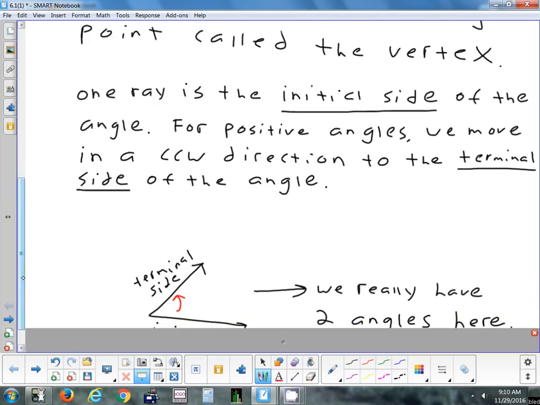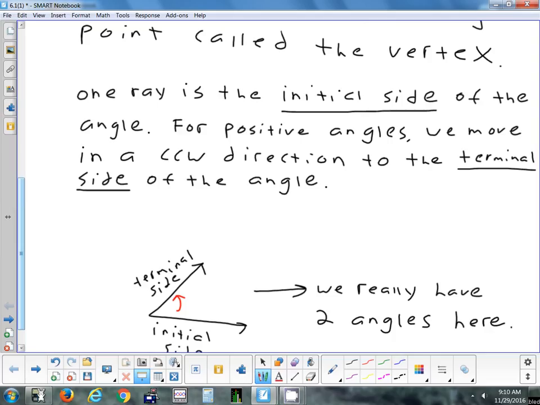If I just scroll down a little, you can see the picture. If I start at one of the sides and go counterclockwise between the rays, not on the outside of them, stay inside the two rays, go counterclockwise. You'll always end up at the terminal, and you start at the initial.